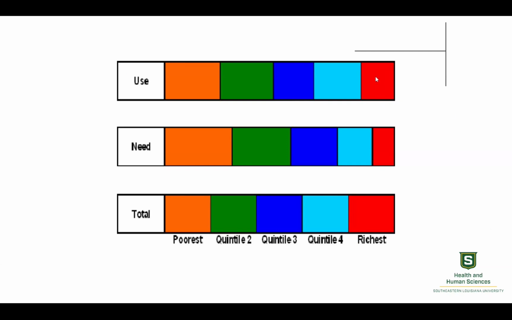For instance, the needs of those in the richest are smaller than their use, so their use of healthcare services exceeds what their need is. On the other hand, the needs of the poorest are greater than their use.